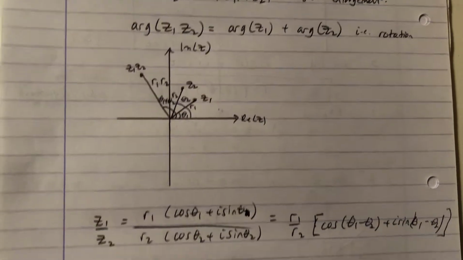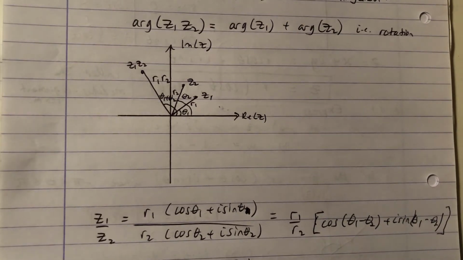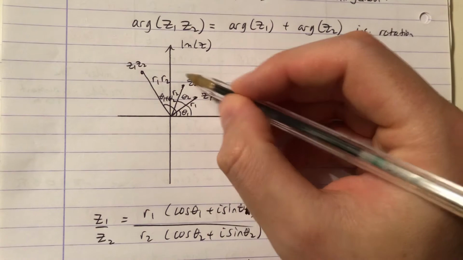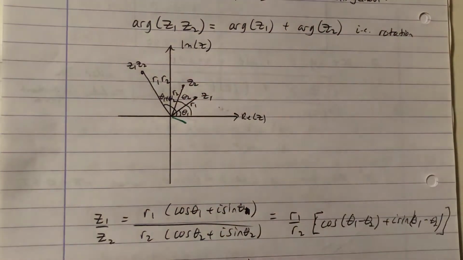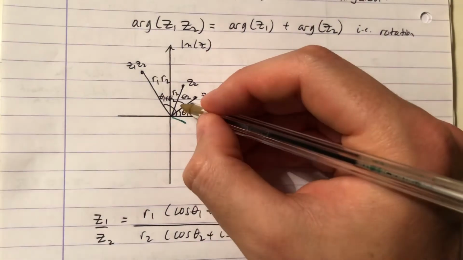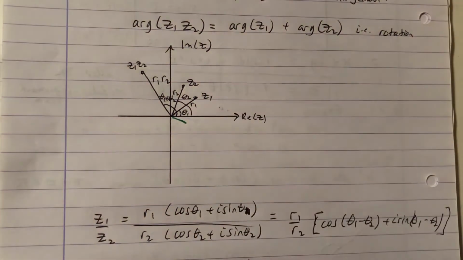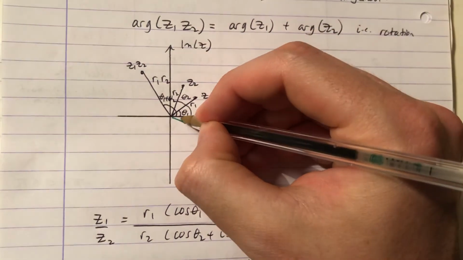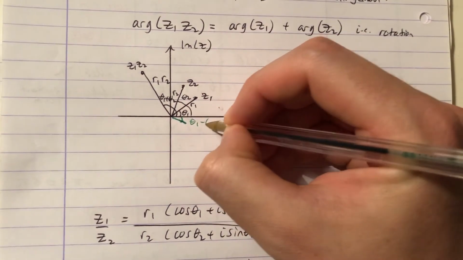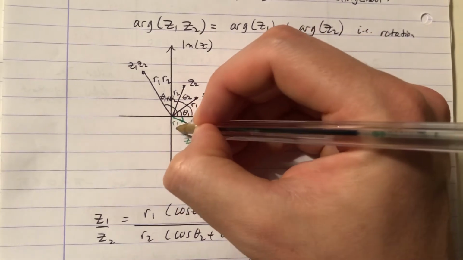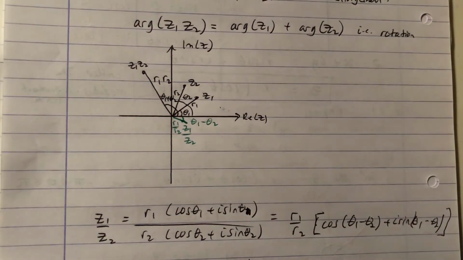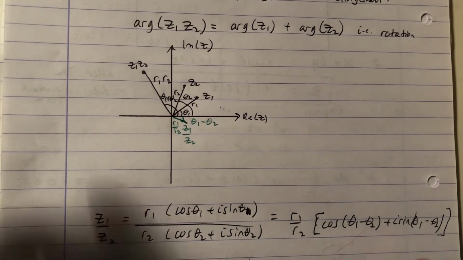So if you want to label that on visually, you would take z1 and you divide it by this length, so it'd get a little bit shorter, but also the angle itself would rotate theta 2 back in the opposite direction. So that angle there is theta 1 take away theta 2, and that's z1 over z2, and that length is r1 over r2. So that performs the rotation in the opposite direction and makes things shorter. It's like a dilation rather than enlargement.